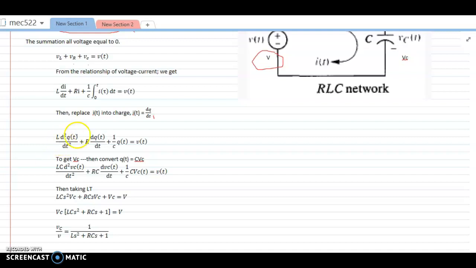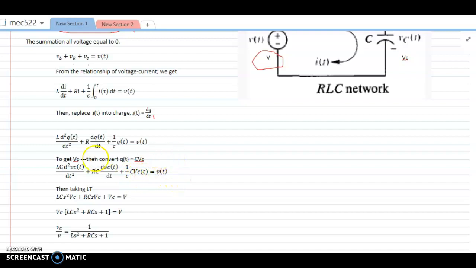From this equation, you convert q(t) into C·vC, and then you get LC d²vC(t)/dt² plus RC dvC/dt plus vC equals v(t).